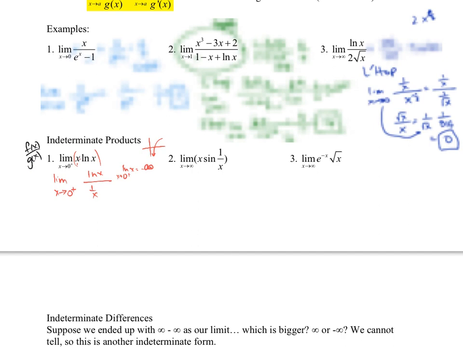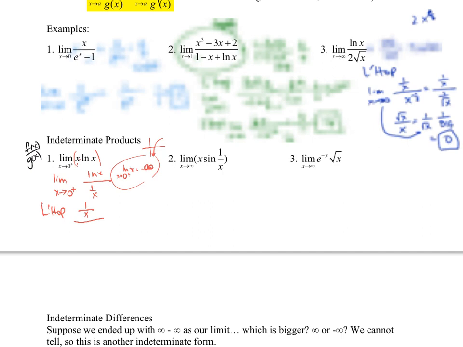So the bottom, 0 from the right, is also going to be 1 over a very big number, which is 0. So I'll end up with an indeterminate form, negative infinity over infinity. So we can L'Hopital this, because this won't work out.